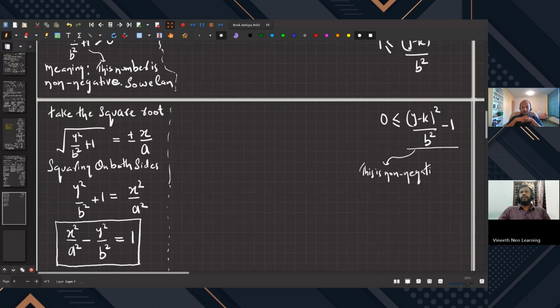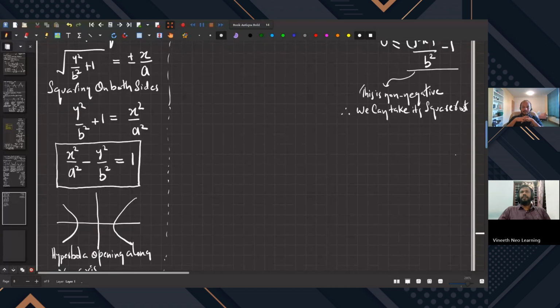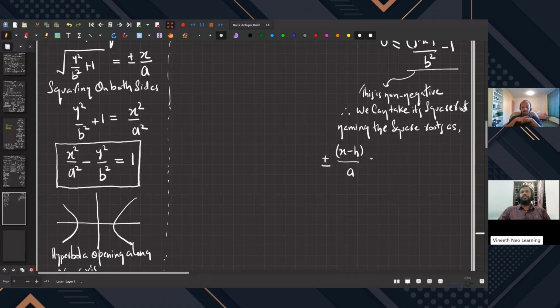Therefore, we can take its square root. Naming the square root as x minus h over a, we get x minus h over a equals plus or minus the square root of y minus k, whole squared, over b squared, minus 1.